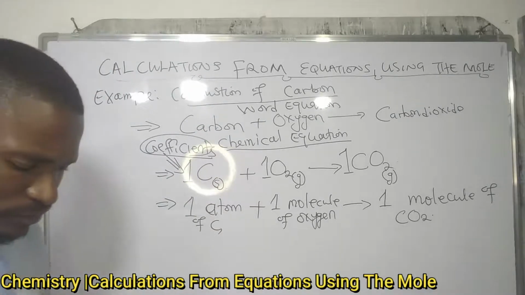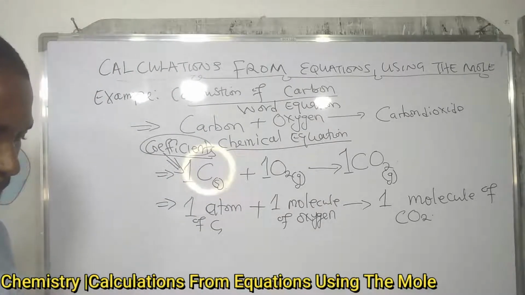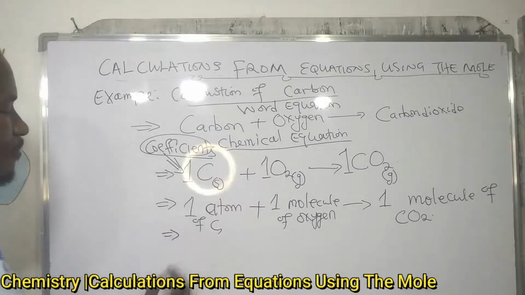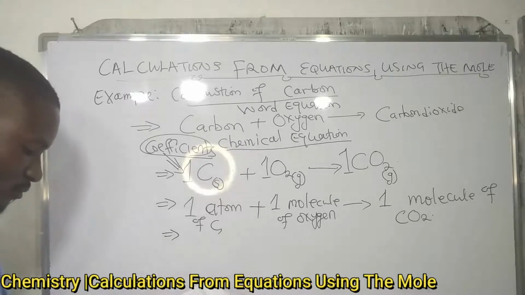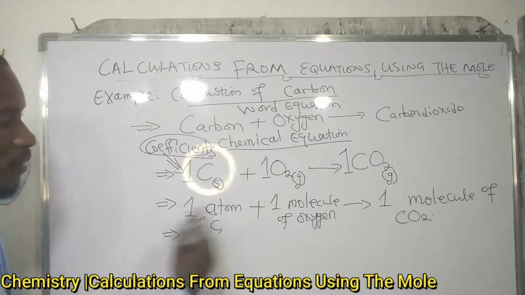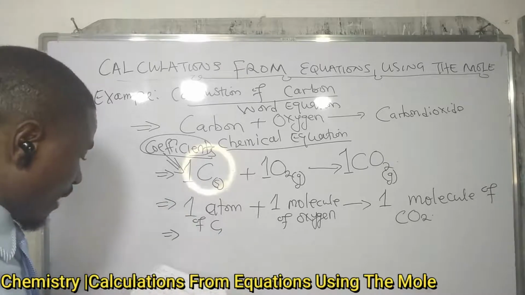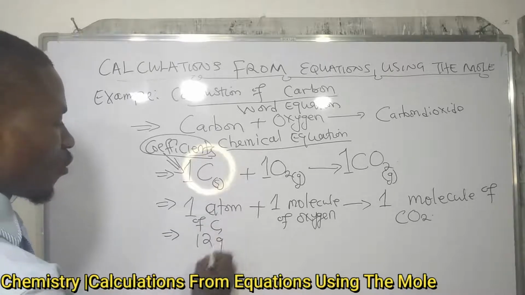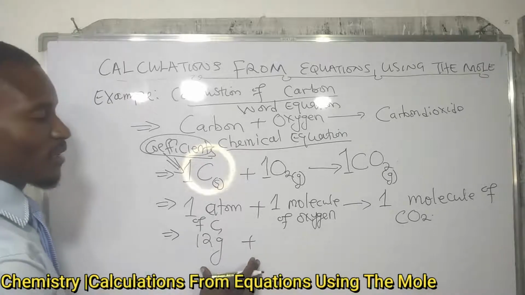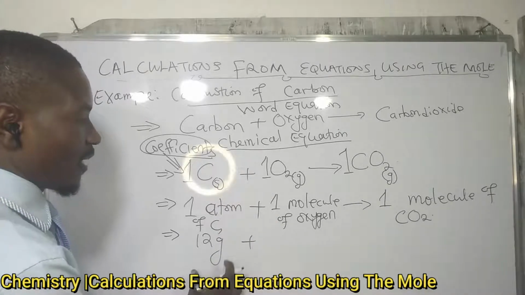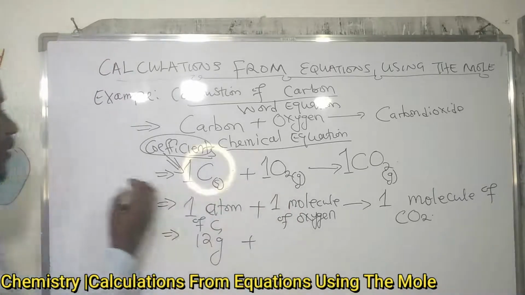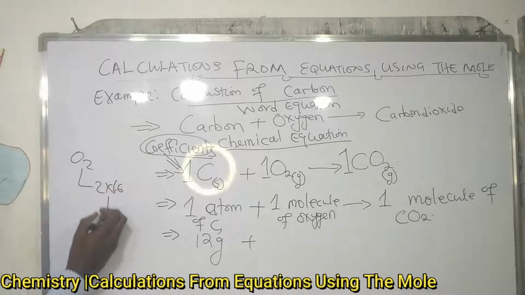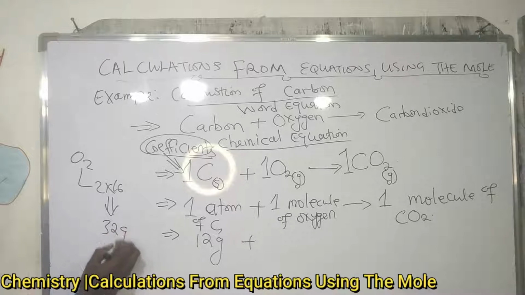This means we can also convert them to masses. Carbon is 12 grams. The oxygen is O2, so 2 times 16 gives 32 grams.